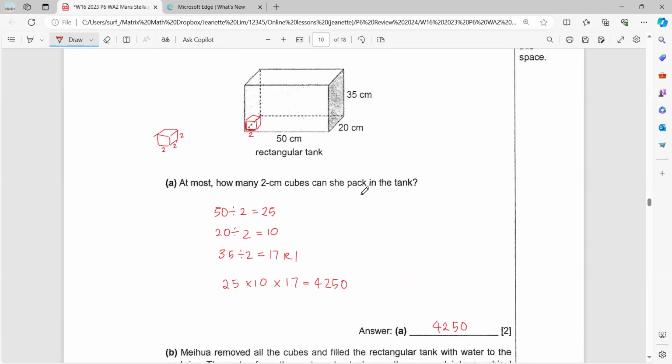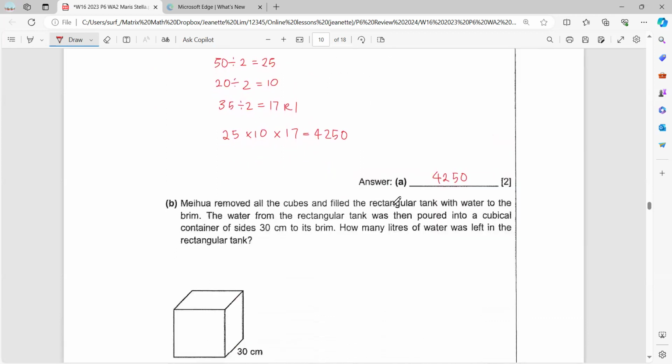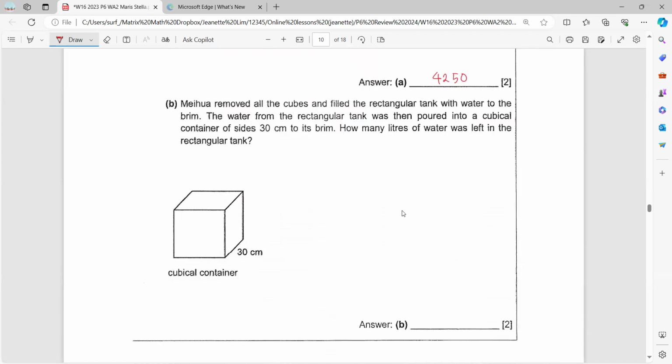Let's find the volume of each, the tank and the container first. Okay, so the cubical container, 30 times 30 times 30, which gives us 27,000.